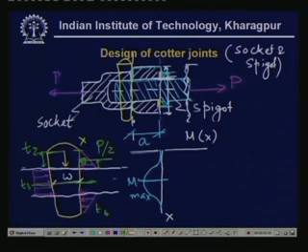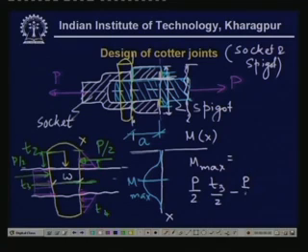Now once you calculate the total bending moment, we have left it unfinished. So we have P by 2 acting over here, hence the bending moment at this point is P by 2 times T3 by 2, minus P by 2 times, I am sorry, this is T3 by 2 and this distance is midway, so this will be T3 by 4 instead.